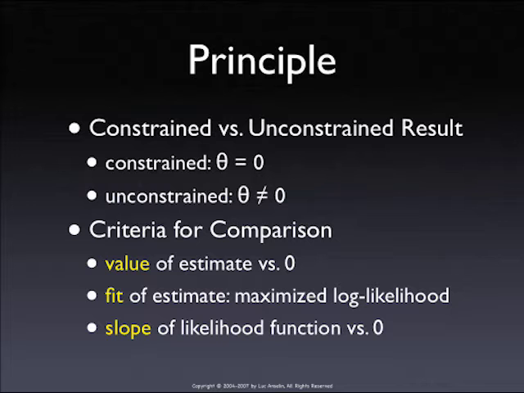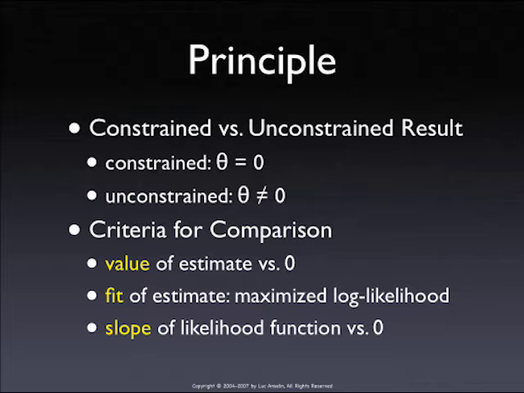In the unconstrained model, they are non-zero. And just as a refresher, in the maximum likelihood framework, there are 3 ways to approach this. One focuses on the value of the estimate. One focuses on, if you wish, the fit of the model. And one focuses on the score or the slope of the likelihood.